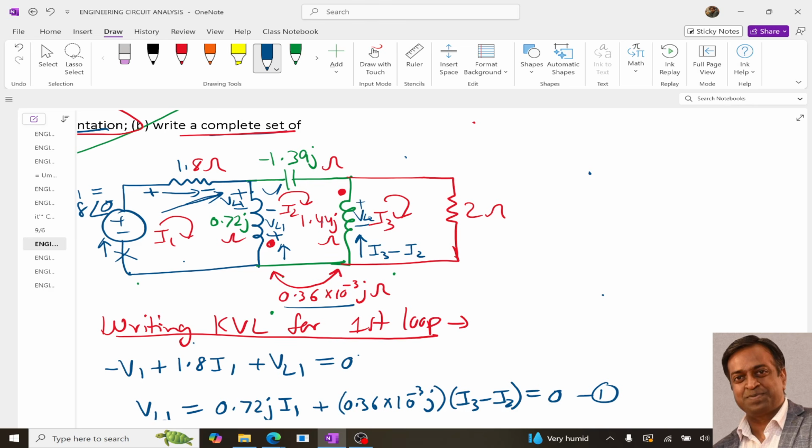Similarly, for this I2, since I2 is flowing downward, we give plus at the top and minus at the bottom.